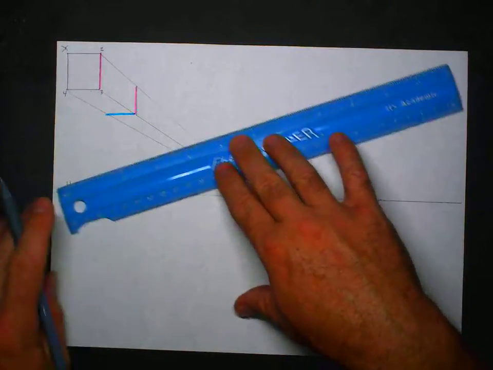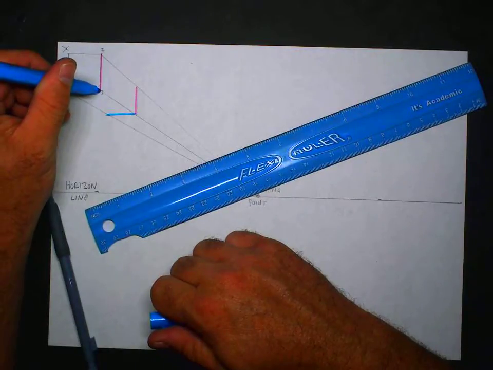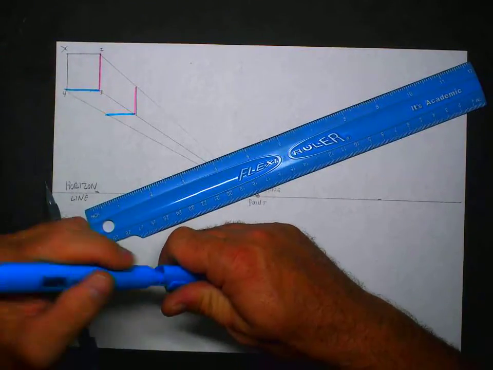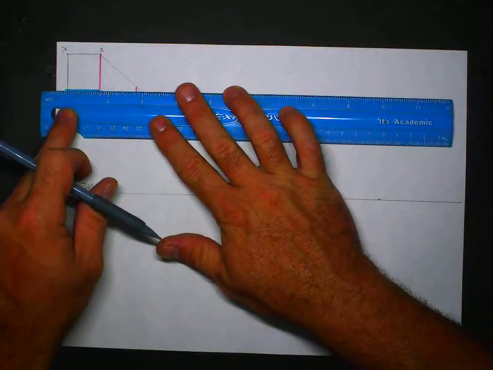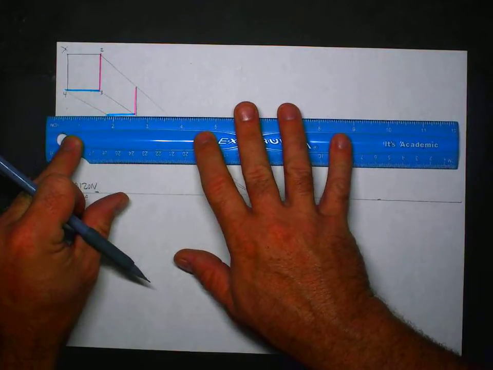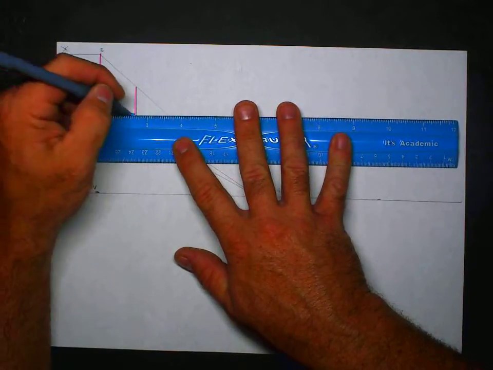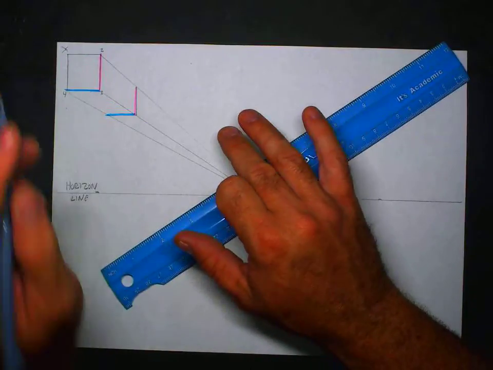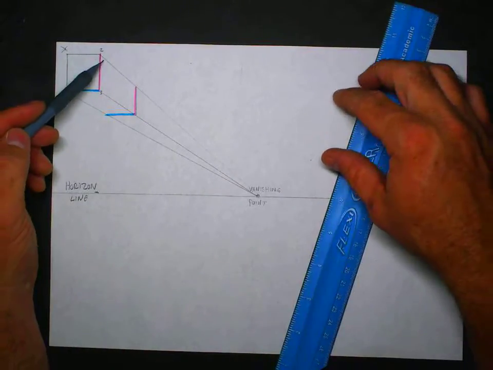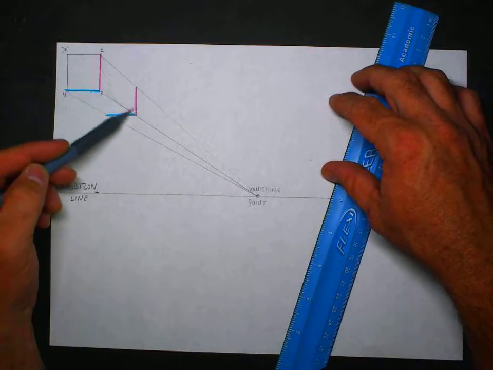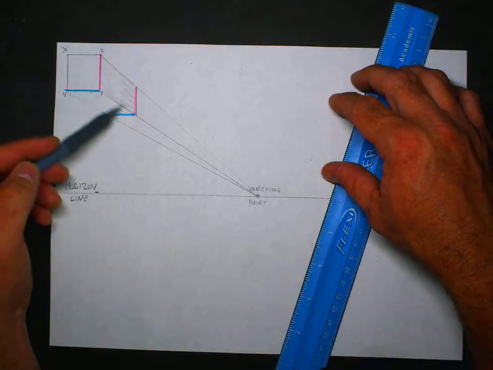Okay. Our blues are parallel to each other and are parallel to each other. Laying it right there. I'm going to slide it down. There we go. I'm just going to kind of shade in that side and bottom so we know.